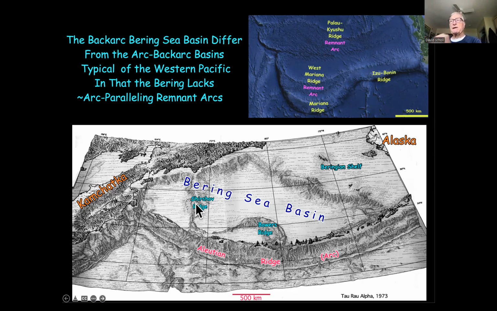This was back in the days of the Soviet Union, and getting information in from the Bering Sea was difficult because of the language problems and publications. But we had two ridges back here, Shirshov and Bowers, and they did not appear at all to look like remnant arc systems. So it's kind of like, so what's happening here?